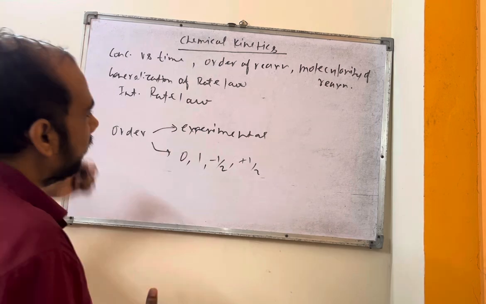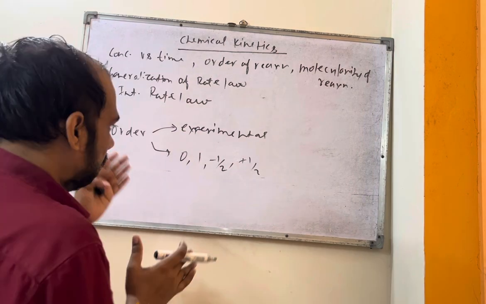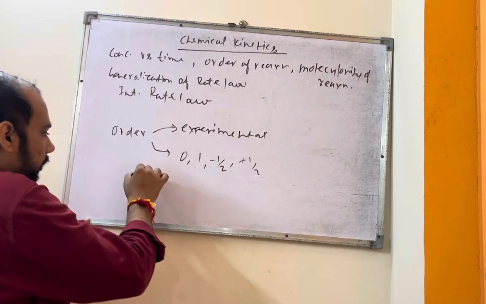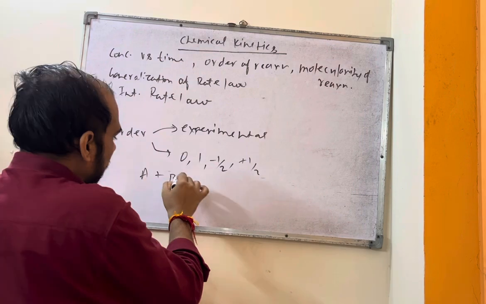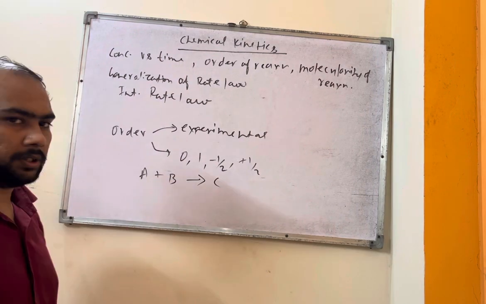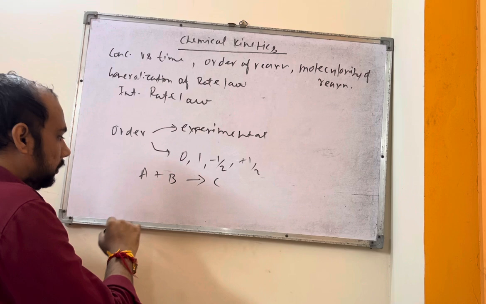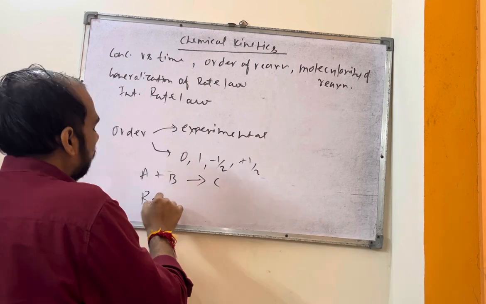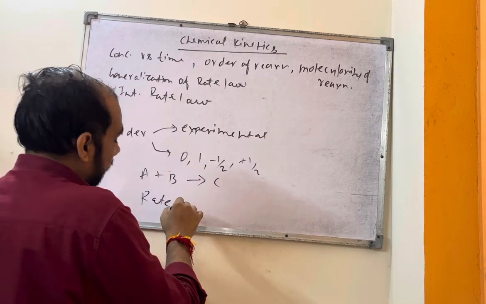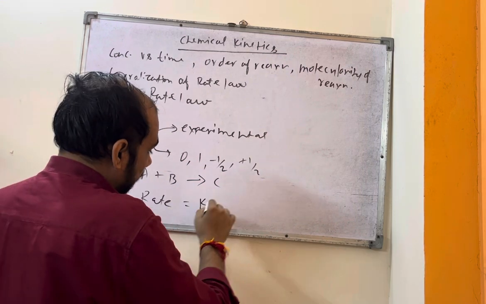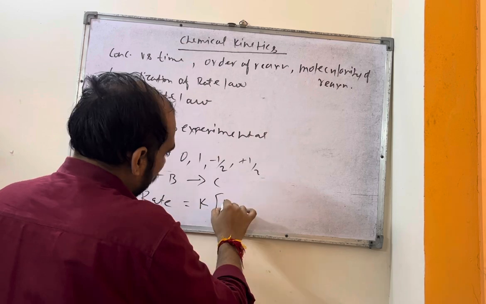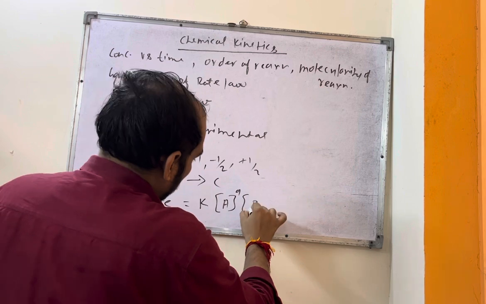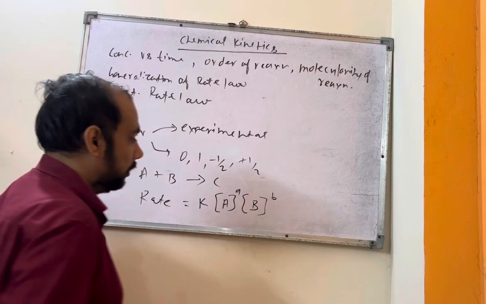So basically, order we determine with respect to a particular reactant. For example, let's take this reaction A plus B forming the product C. If we write the rate law, it will be rate R is equal to rate constant K into concentration of A to the power a and concentration of B to the power b.